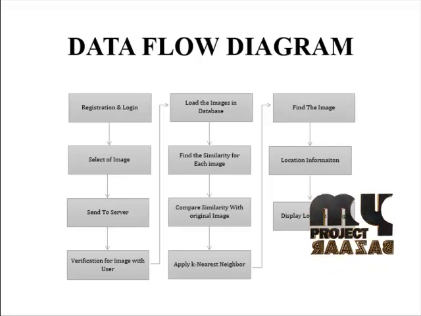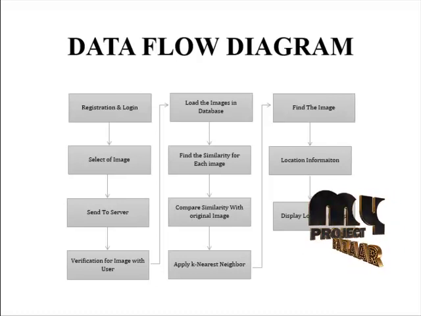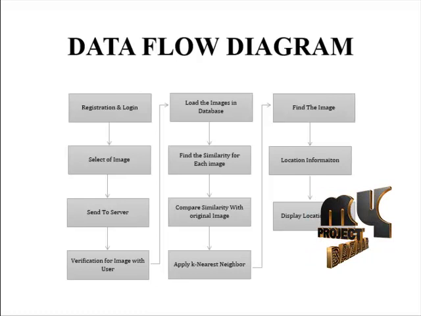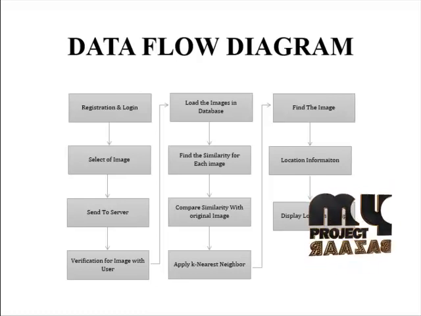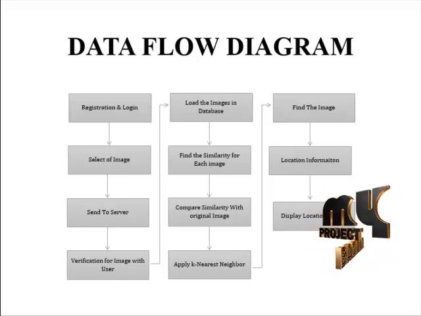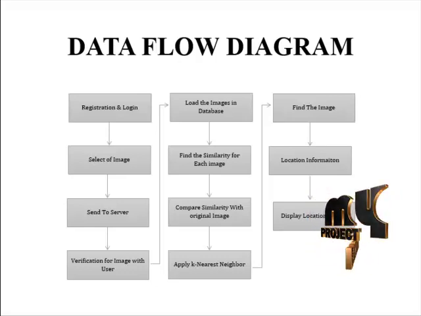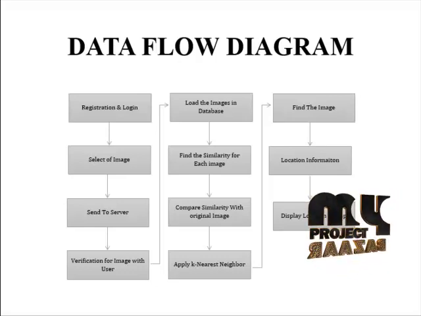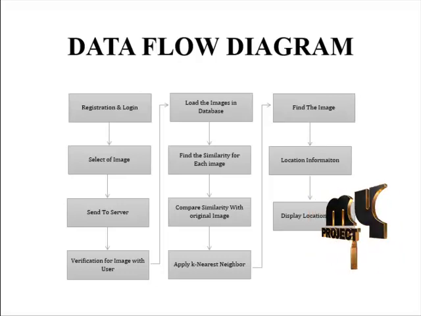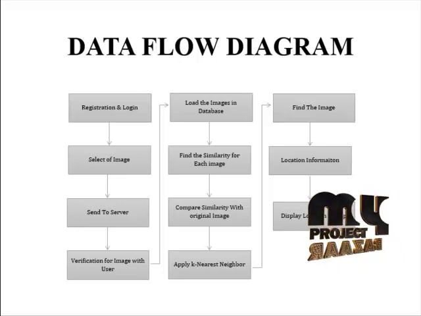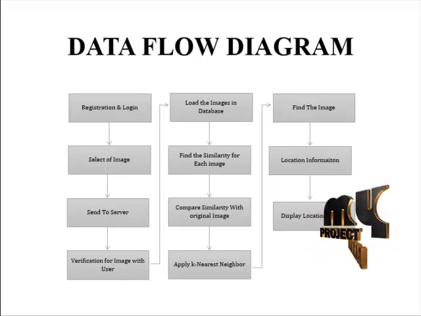For that, we find which state and which place it belongs to. For example, if the image shows the Meenakshi temple, it views the information related to the Meenakshi temple in the form of a Google map. So it displays the result in map format.